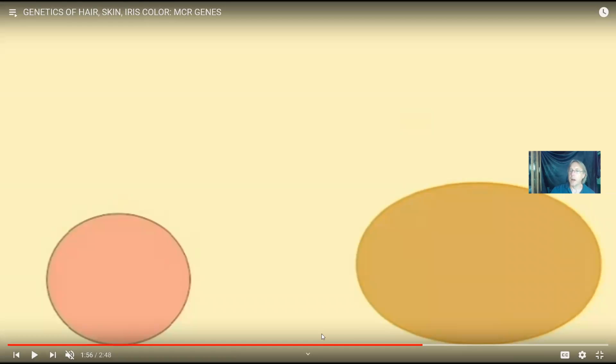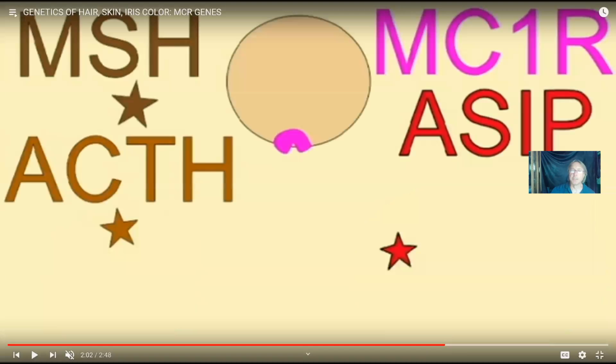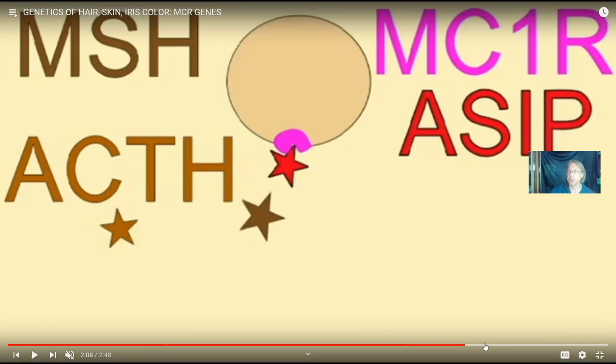There are other genes as well. So for example, there are agouti signaling proteins which can inhibit this interaction by blocking this receptor site. And if the receptor site is blocked, now obviously MSH cannot interact.